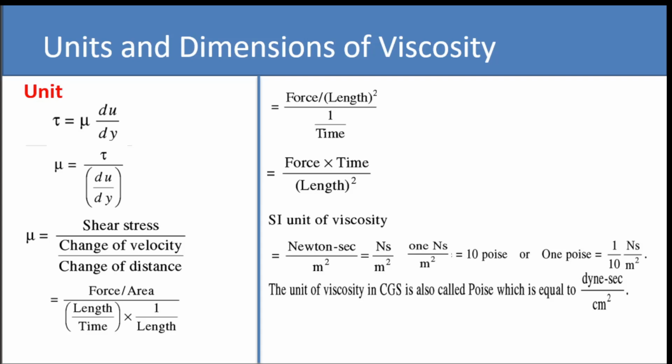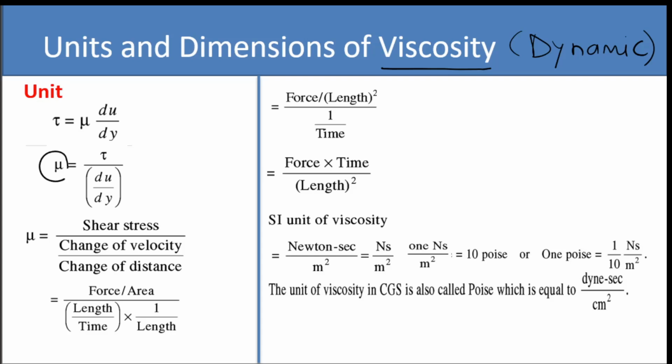Now, next is the unit of the viscosity. Here we are talking about the dynamic viscosity. So, tau is equal to mu into du by dy. We'll rewrite this equation for mu.